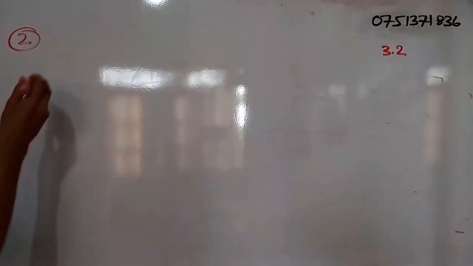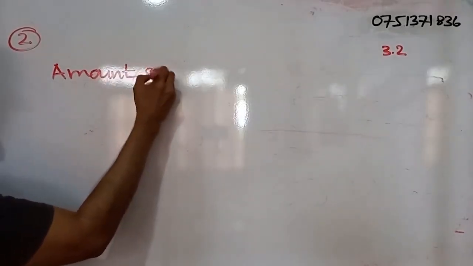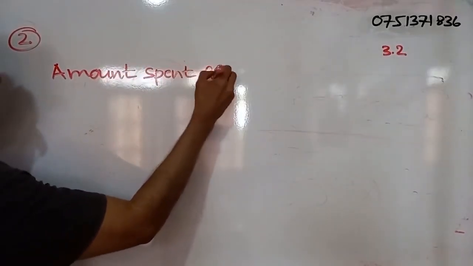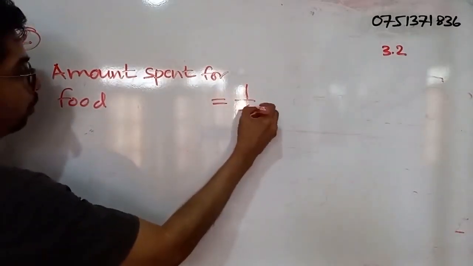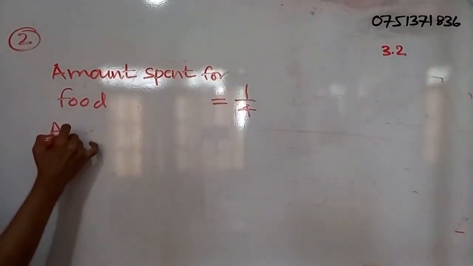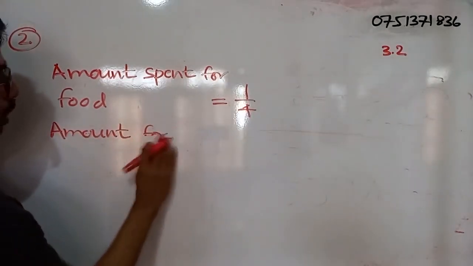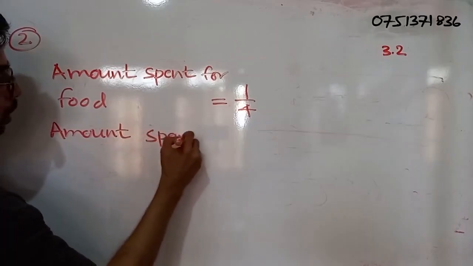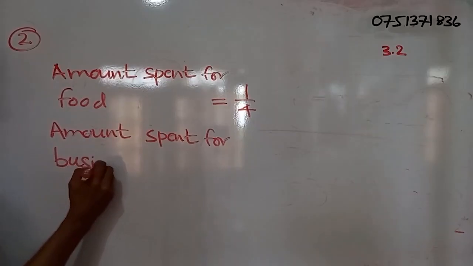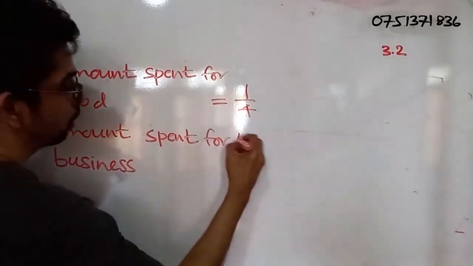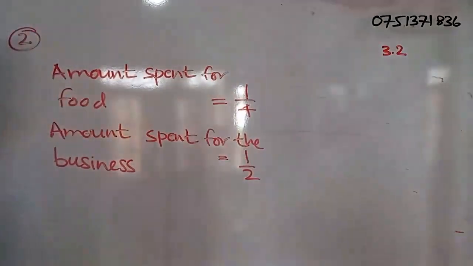Right. So amount spent for food, that is what? 1 by 4. Amount spent for the business, that is what? 1/2.